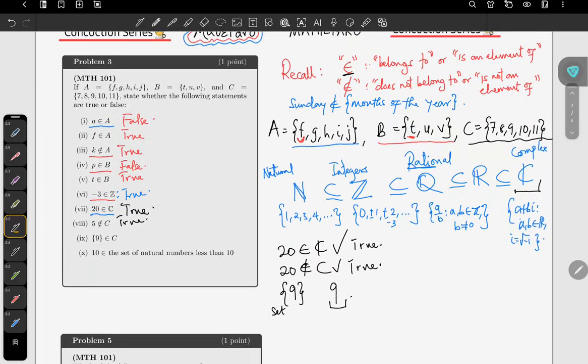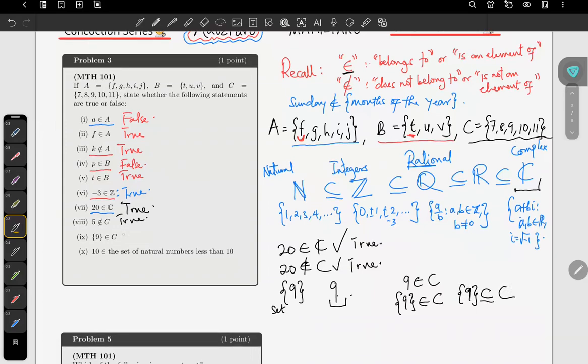While 9 as an element is an element of set C, so it is right for us to say 9 is an element of C, since this is a set, it doesn't make sense for us to say this set is an element of C. It makes sense rather to say that the set {9}, the singleton 9, is a subset of set C. But as an element, that doesn't make sense, because C is not a set of sets.